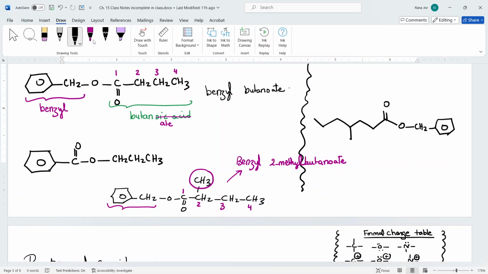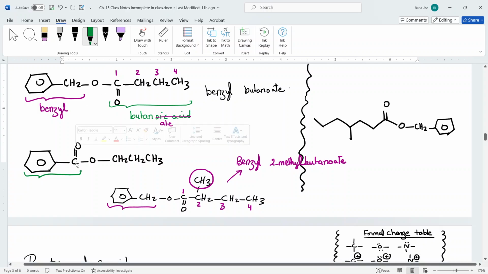Let's have another example here. So we're going to start by naming this group there. Notice, this is now not just a carbon, it's a carbonyl. I did put those two examples under each other because I want you to realize the difference between those two.